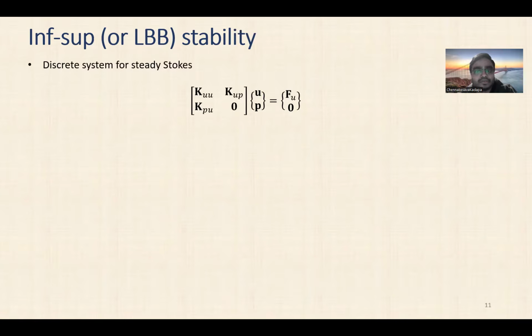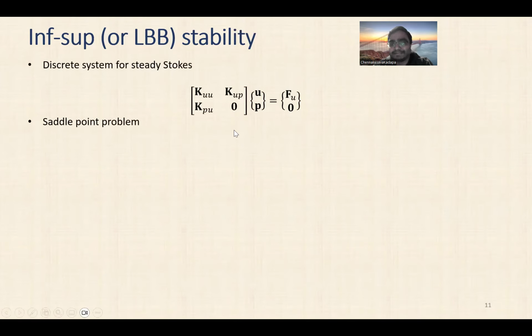This is called a saddle point problem, which we usually encounter in optimization problems, where we have a constraint. What we have now is that the divergence of velocity is 0. It is a constraint, and we are using a Lagrange multiplier to solve this constrained optimization problem.